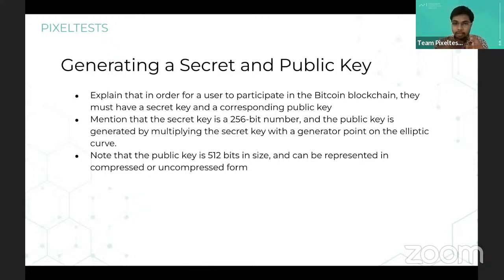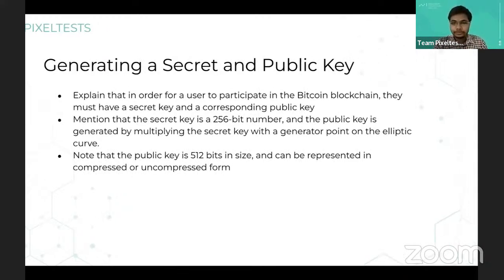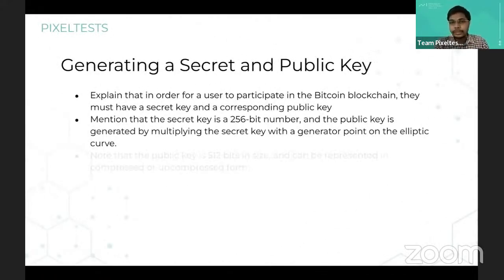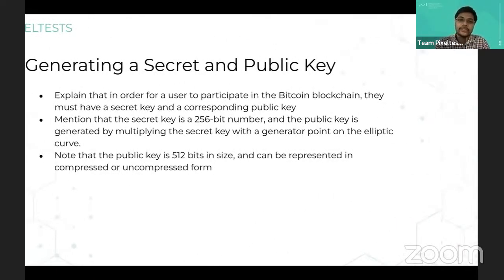So the algorithm uses the elliptic curve's properties to validate the secret key based upon the public key. It will not give out the secret key as output, but it will validate if this is the right secret or not, right? So that is the elliptic curve property and how it helps in digital signatures.